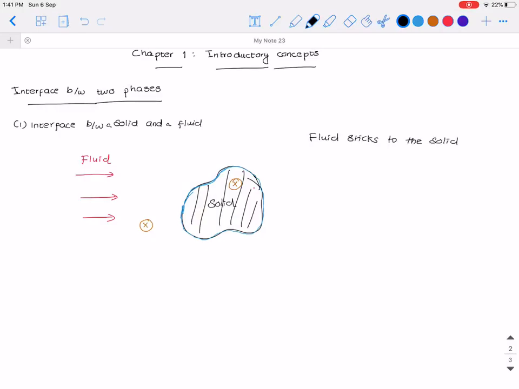At the interface, when the solid moves, the fluid in contact with the solid moves with the same velocity. Because the fluid sticks to the solid, when the solid moves at a particular velocity, the fluid also moves with the same velocity. So the velocity of the fluid is the same as the velocity of the solid at the interface.